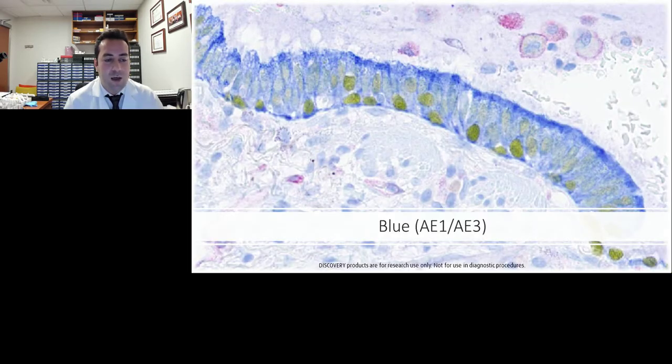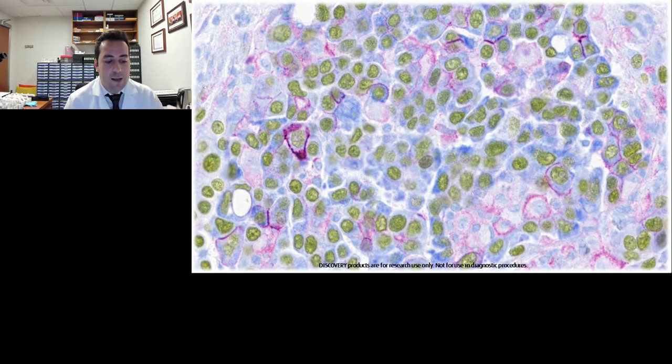And you see here a part of benign epithelium staining with blue for cytokeratin and yellow for TTF1. This is the case with lower PD-L1 positivity I showed you earlier with the double design.